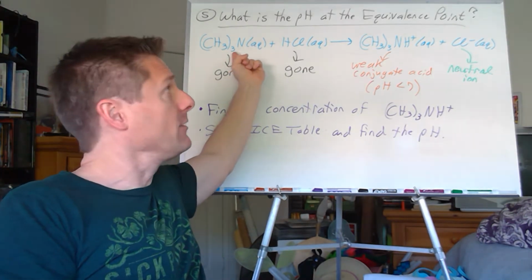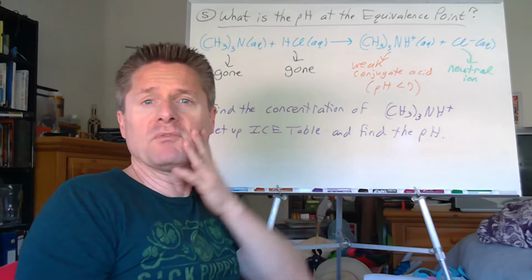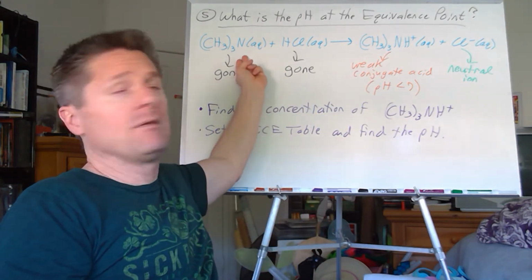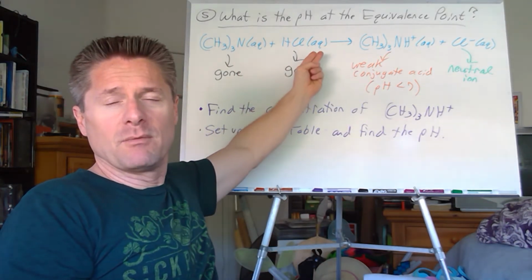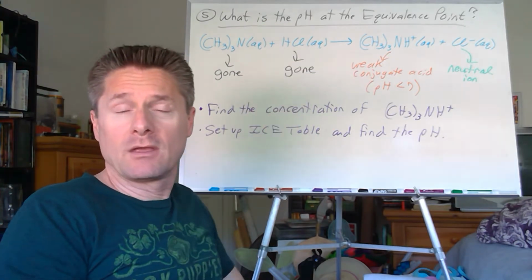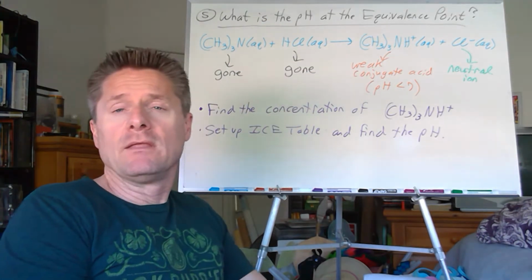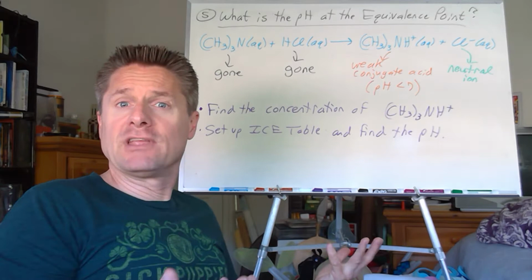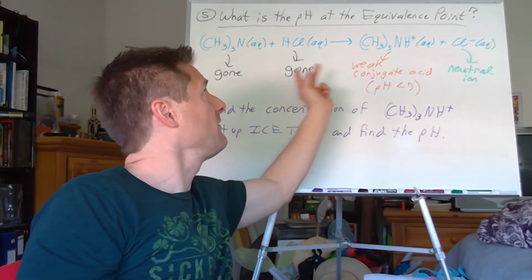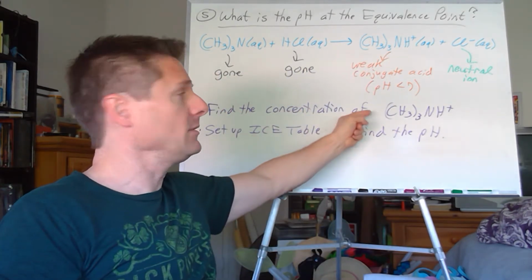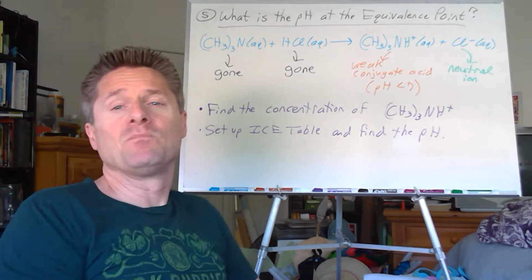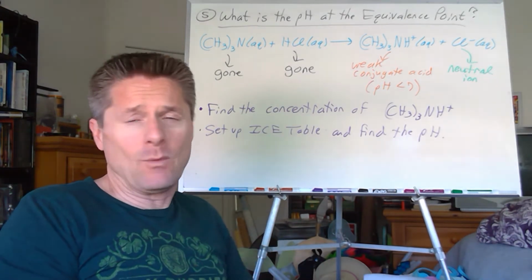So we already know that value. That'll be the millimoles of this that forms. Figure out the total volume of the base we started with, plus the volume of the acid, which we calculated in part 1, the equivalence point volume. Add those together, so just take the millimoles of that formed divided by the total volume from the dilution, and you've got the concentration. Then you just set up an ice table like any weak acid.